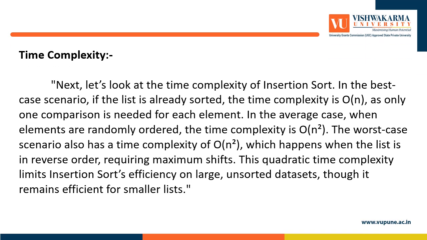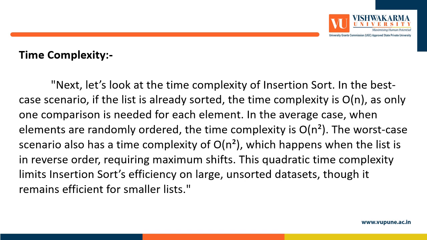Time complexity. Next, let's look at the time complexity of insertion sort. In the best case scenario, if the list is already sorted, the time complexity is O(n), as only one comparison is needed for each element. In the average case, when elements are randomly ordered, the time complexity is O(n^2).